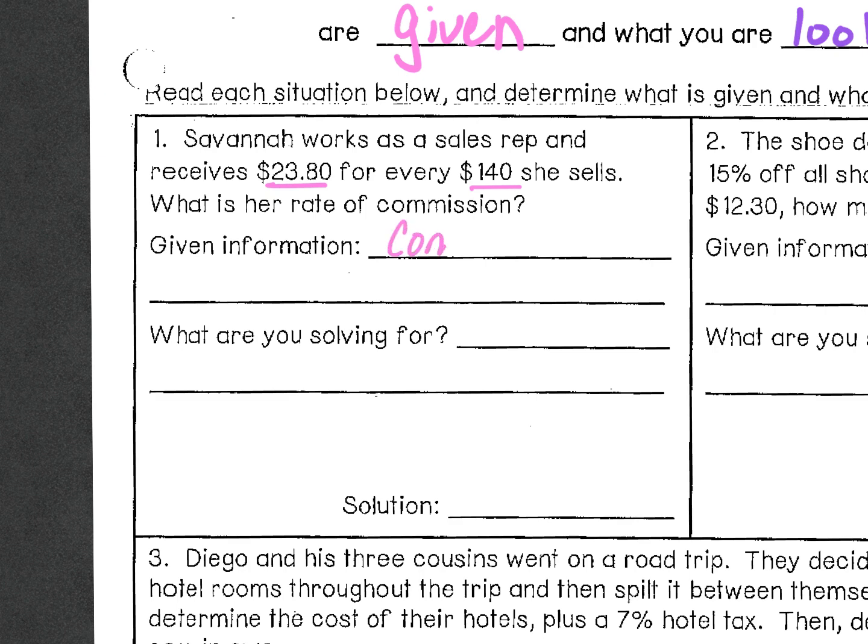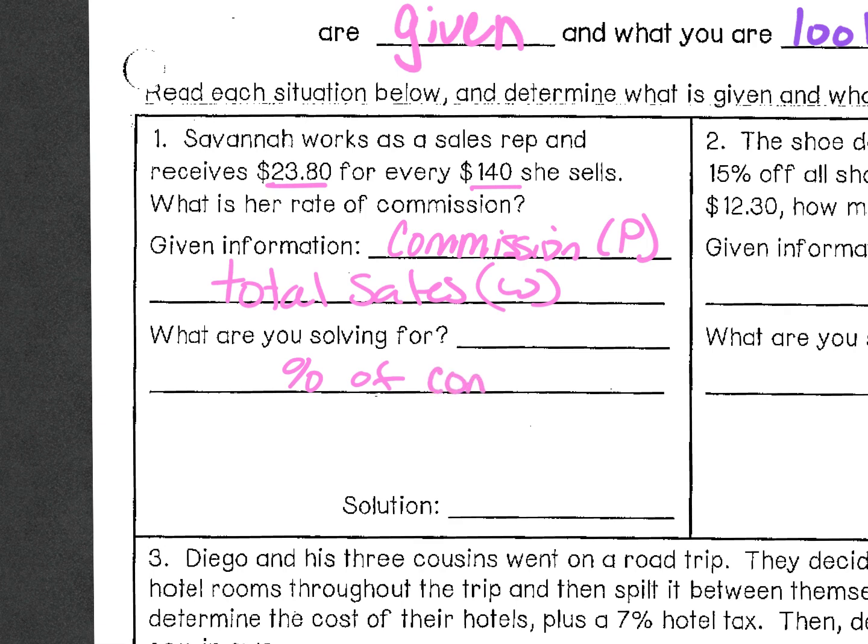That was her commission, which is going to be part, and they gave us the total sales, which is the whole. We're going to look for the percent of commission, which is the percent.